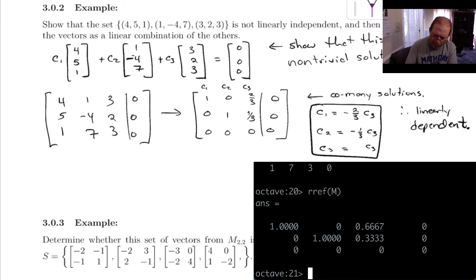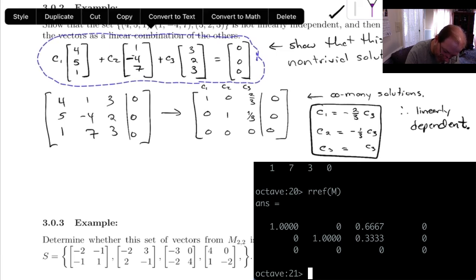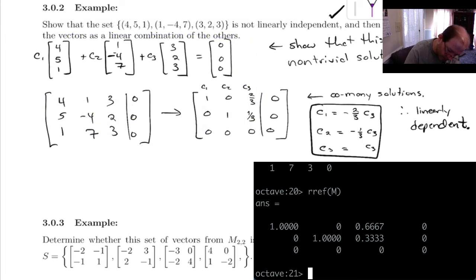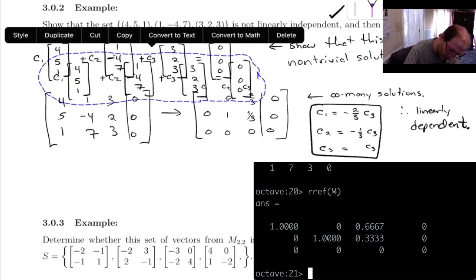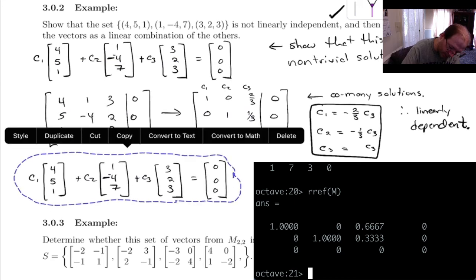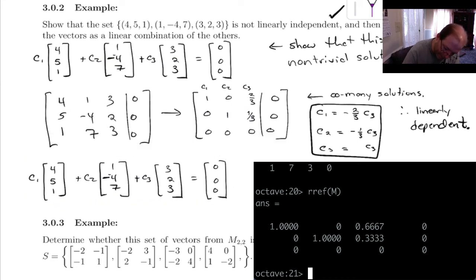Okay, what about that other part of the question? We've shown that it's not linearly independent. Express one of the vectors as a linear combination of the others. That's what I started sort of mindlessly setting up a minute ago. I'm going to duplicate this and bring this down here.